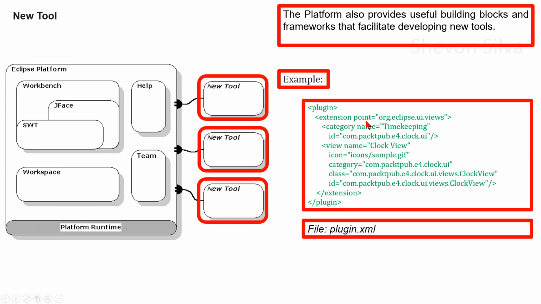The Eclipse extension points are documented in the help system, and each has a point identifier with optional children that are point specific. In this case, the extension is defined using the org.eclipse.ui.views point, which expects a combination of category and view elements.